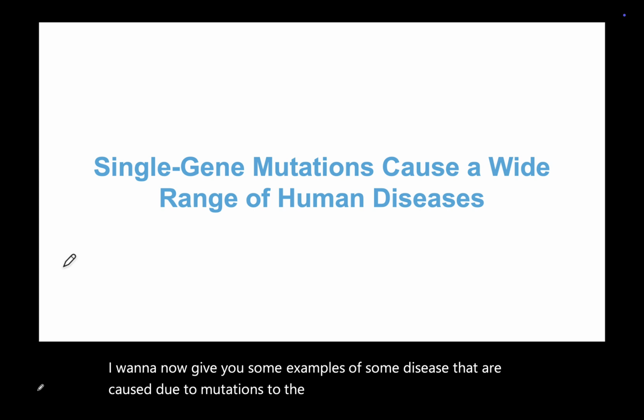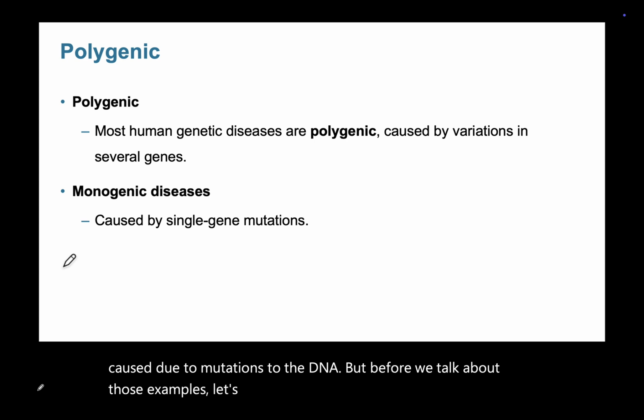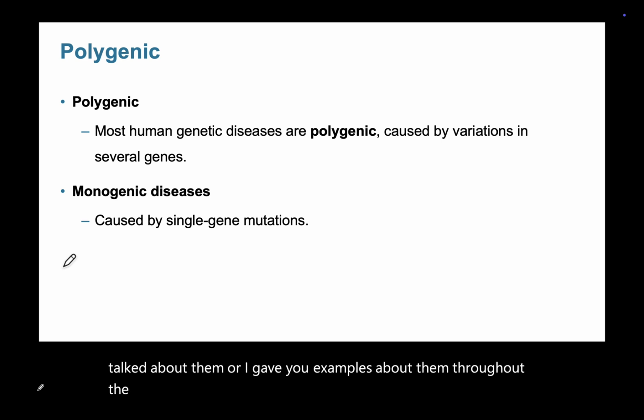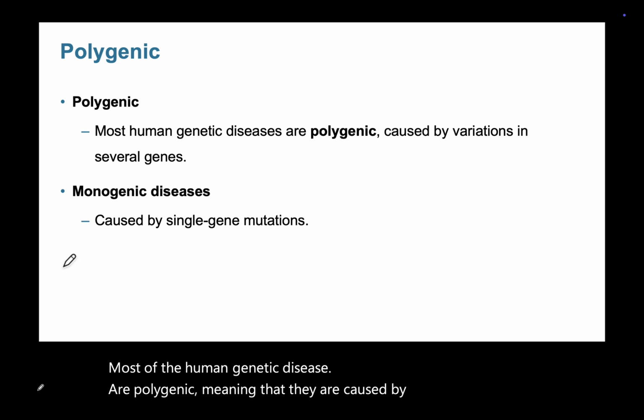But before we talk about those examples, let's just remind of this concept. And I believe I've talked about them, or I gave you examples about them throughout the semester already. So most of the human genetic diseases are polygenic, meaning that they are caused by variations in several genes.